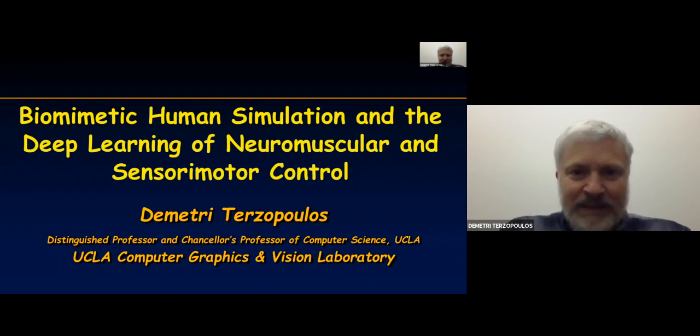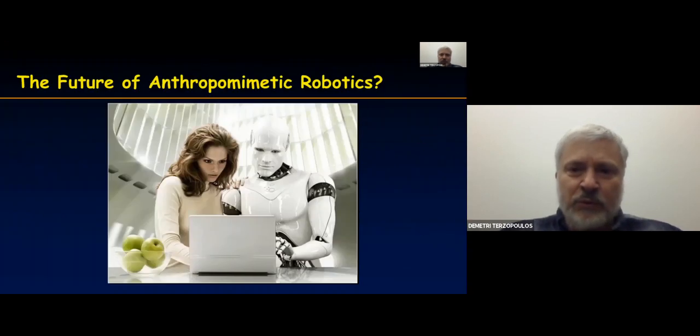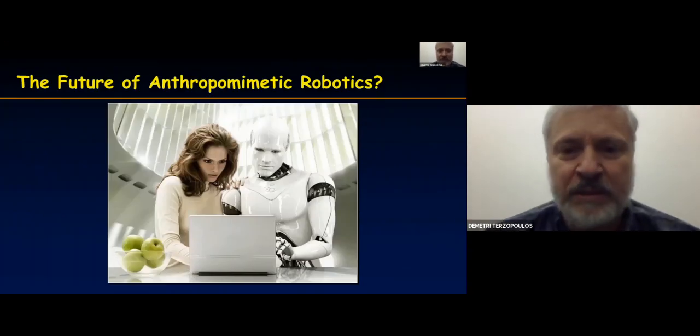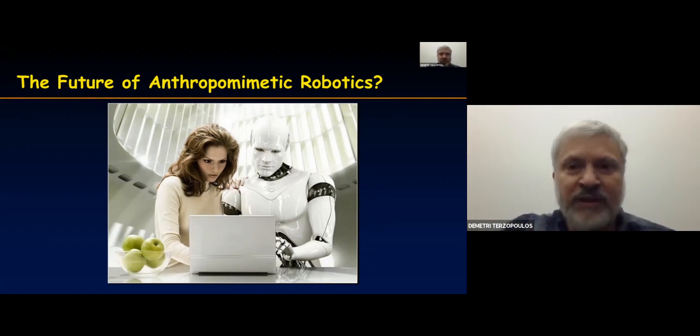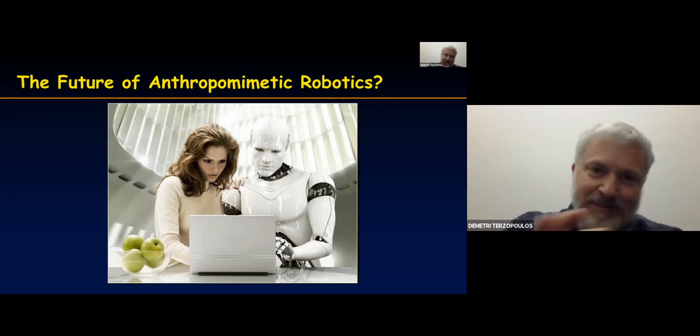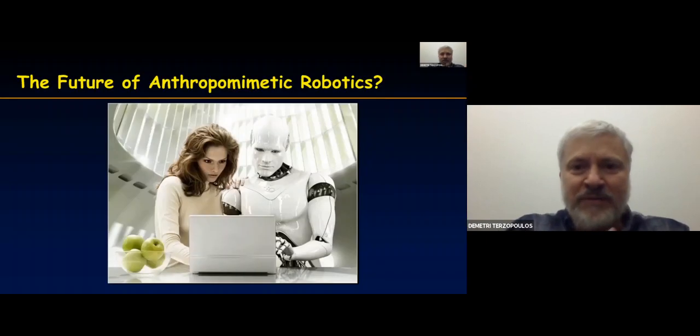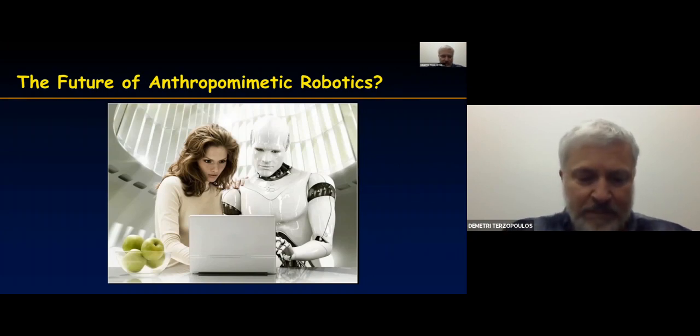Okay, so the work that I'm going to show you also is relevant to robotics, because one big component of robotics research has been devoted to anthropometric robotics, or modeling robots after humans, such as the one you see here, which is a fictional robot.